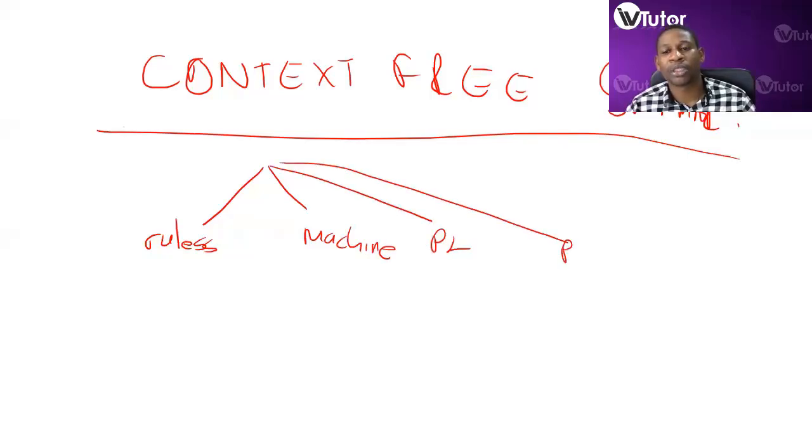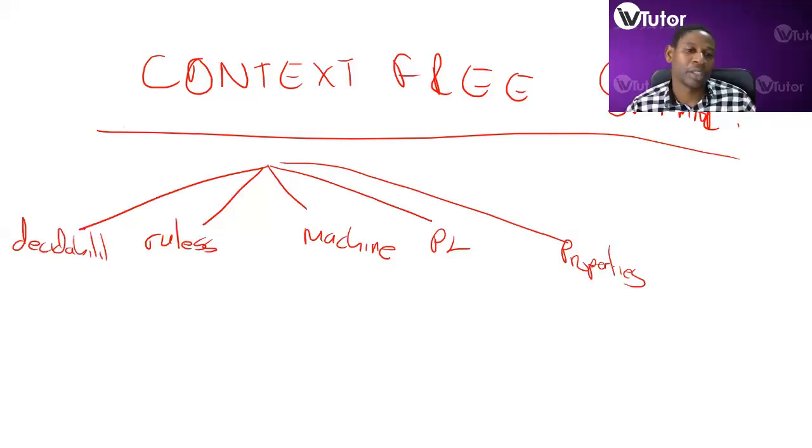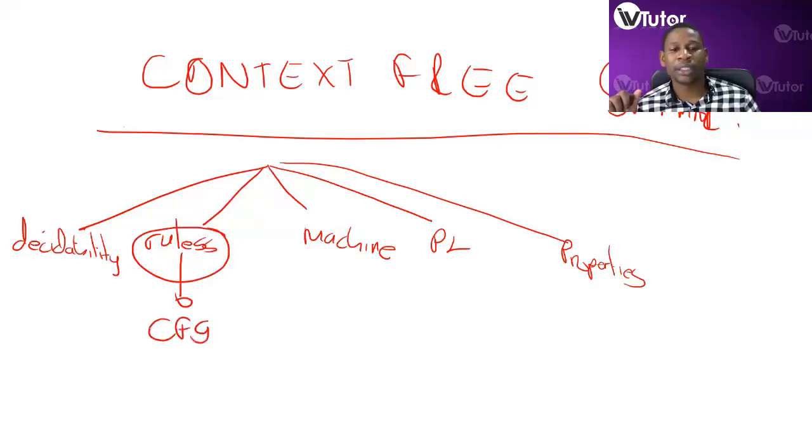We're going to look at properties. And lastly, we're going to look at decidability. So we're going to cover this for context-free grammar. Right, so when we meet next time, we're going to be starting with rules, which gives us the CFG, which is the context-free grammar. All right.